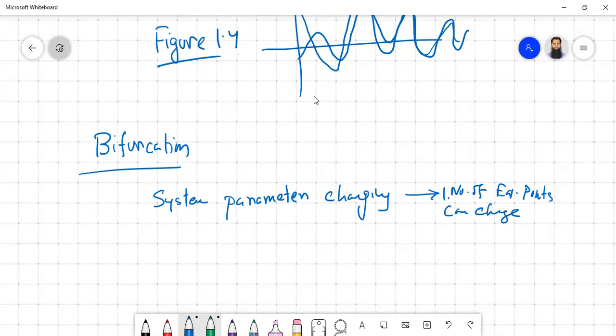This is one, and two is the stability condition of these equilibrium points can also change.